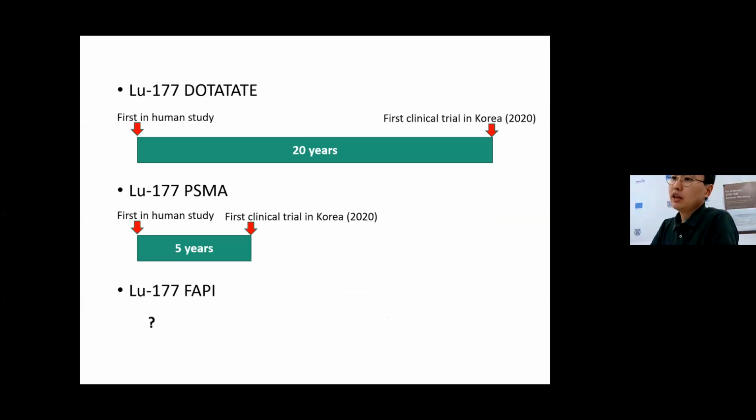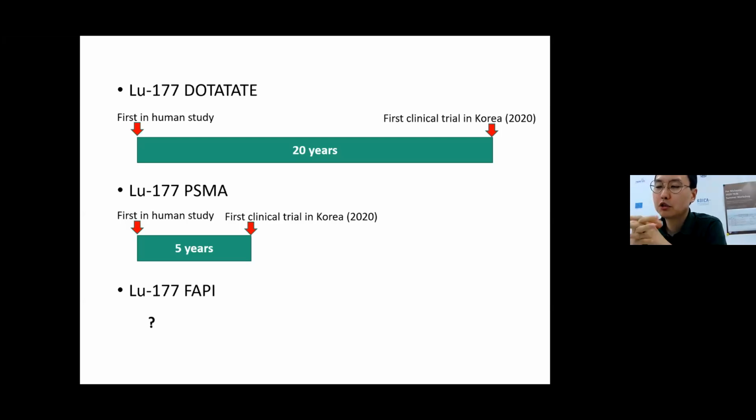And what I would like to lastly share is this: for lutetium DOTATATE, the first in-human study actually started in 2000. But for the first clinical trial in Korea, it took more than 20 years to apply this in the clinical situation.